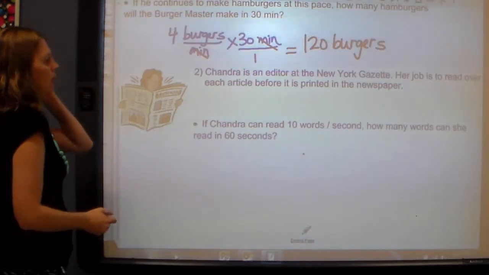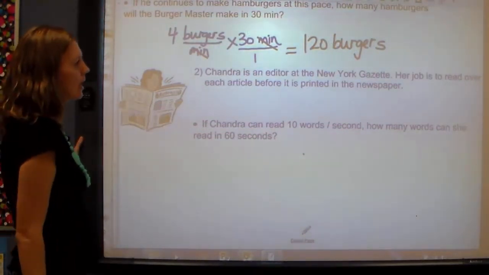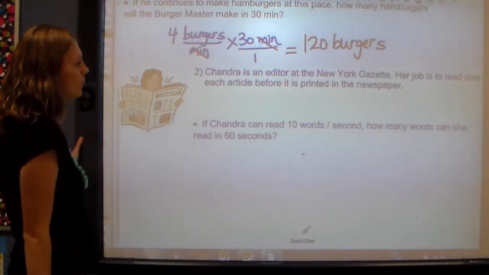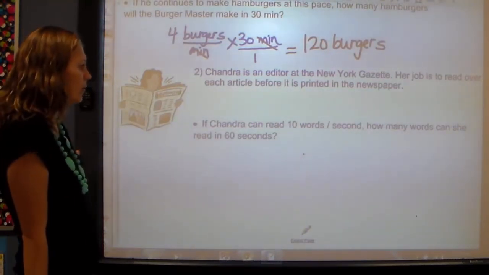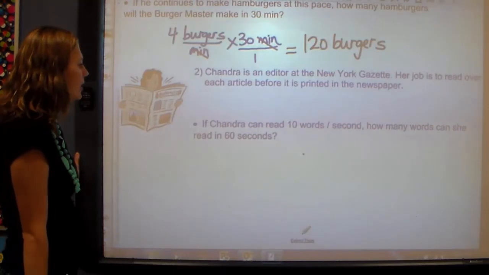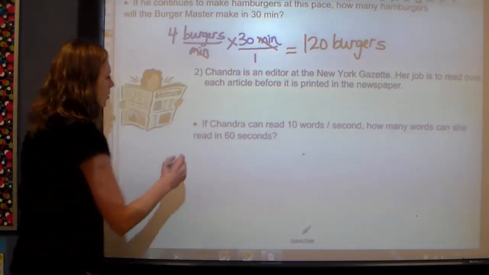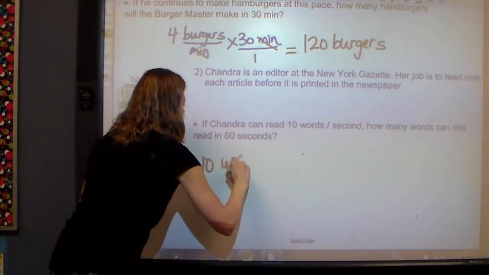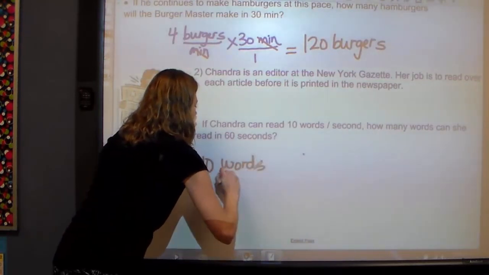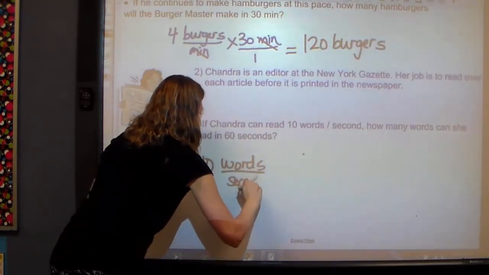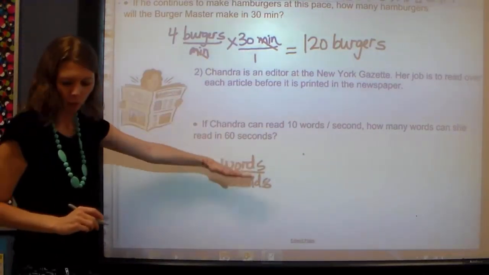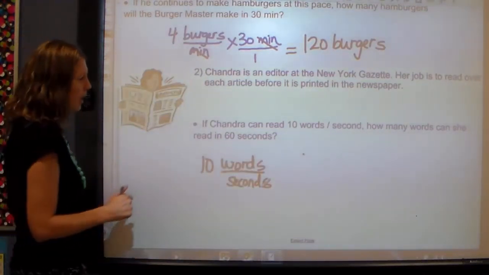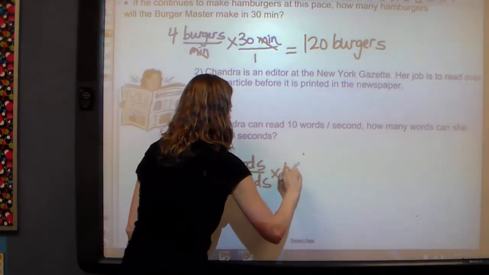Number 2: Chandra is an editor at the New York Gazette. Her job is to read over each article before it's printed in the newspaper. If Chandra can read 10 words per second, how many words can she read in 60 seconds? So I'm going to go ahead and copy down my 10, and I'm going to put words per second, and I'm going to multiply by 60 seconds.